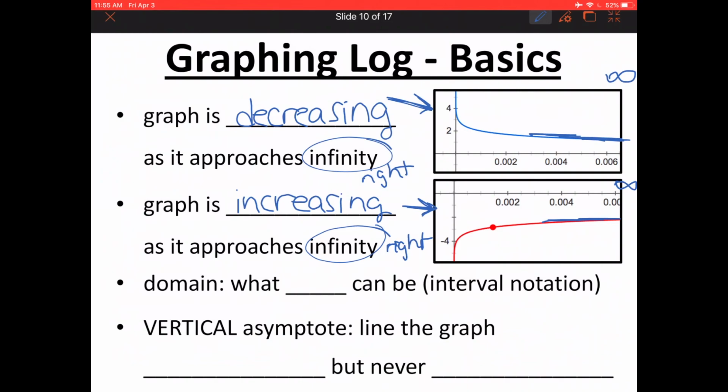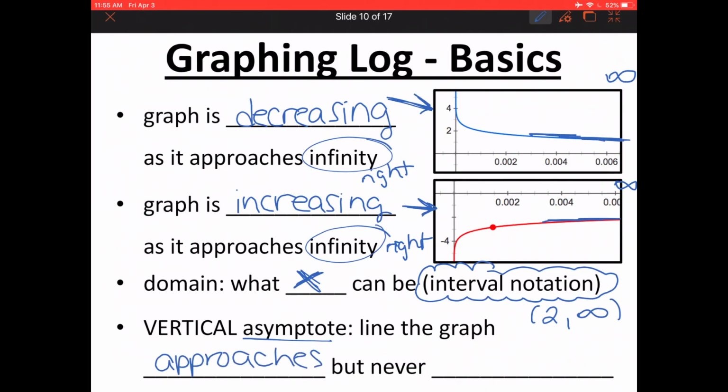When we ask you for the domain, it is always what x can be. We are going to be using interval notation, so keep that in mind. Remember interval notation, you would tell me like 2 to infinity, that kind of thing. A vertical asymptote, any asymptote, is always a line that the graph approaches but never touches.